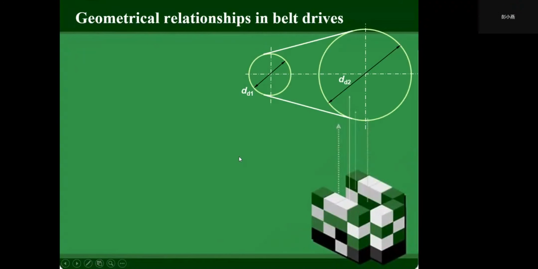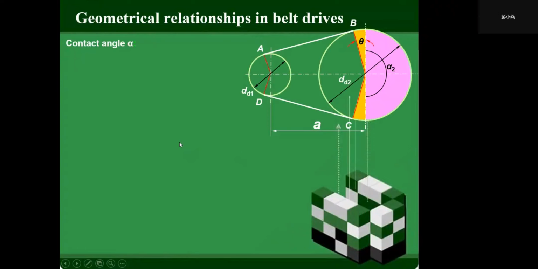And this is the geometrical relationships in belt drives. This angle is theta. And then the contact angle for the driving pulley is alpha 1, and for the driven pulley, the contact angle is alpha 2.